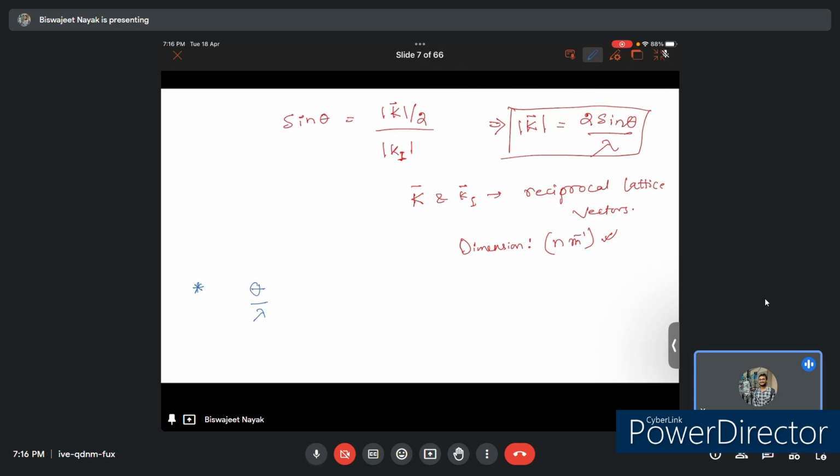If we see in any equation sine theta by 2 or sine theta by lambda, this corresponds to just the k by 2 vector, and we can say sine theta by lambda is related to the change in wave vector.